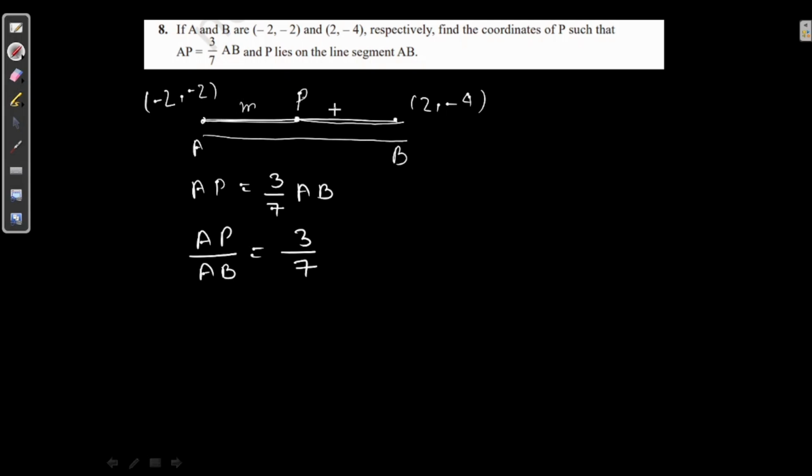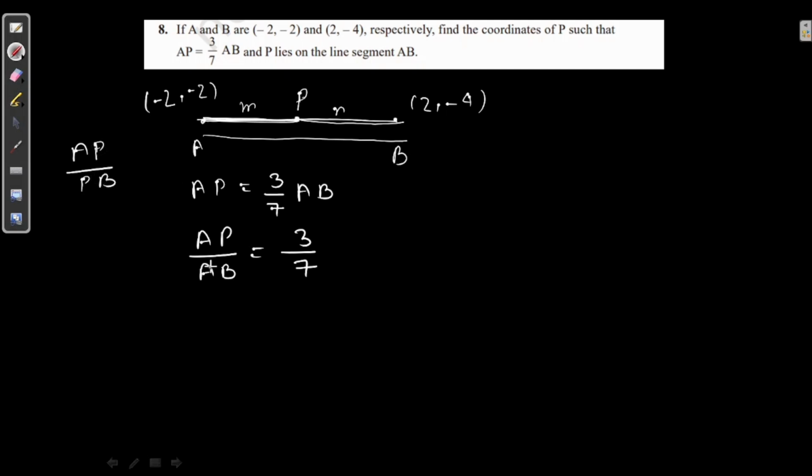The M and N required in the formula is basically the ratio of this part to this part. But we are having AP upon AB. AB is the full line. Okay, so now somehow we have to find the ratio of AP and PB. Then only we can say this is M, this is N.